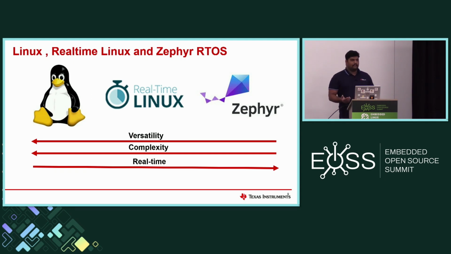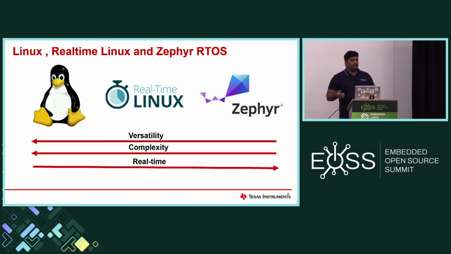That's not the case with Zephyr, where you develop with an RTOS mindset from day one, implementing the device drivers so that you get real-time performance. That's why Zephyr can also be used in application cores.